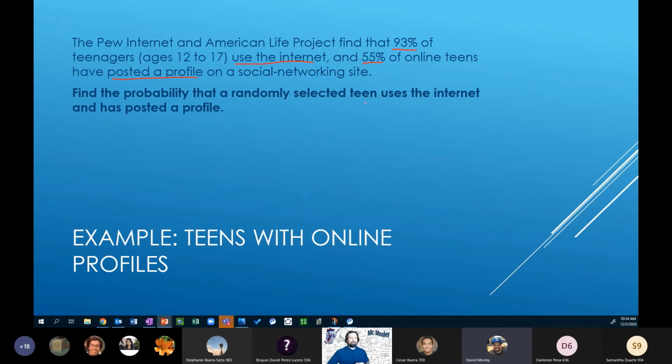Before we even get to the question, we have some probabilities we can identify. We have the probability that a teen uses the internet. We'll call this event A, and call posted profile event B.